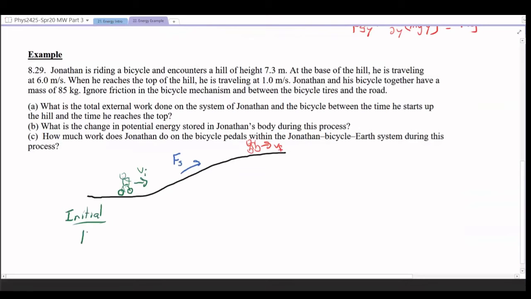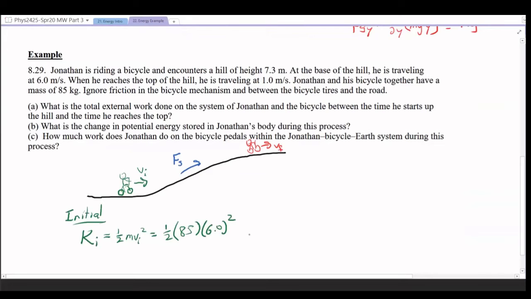So let's see what we can calculate here. Initially, K initial is 1/2 m v initial squared. So that is 1/2 times 85 kilograms times 6.0 quantity squared.